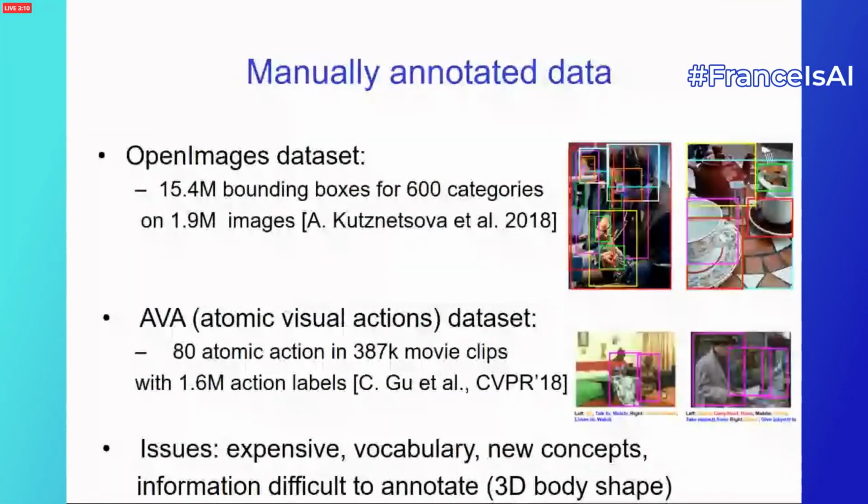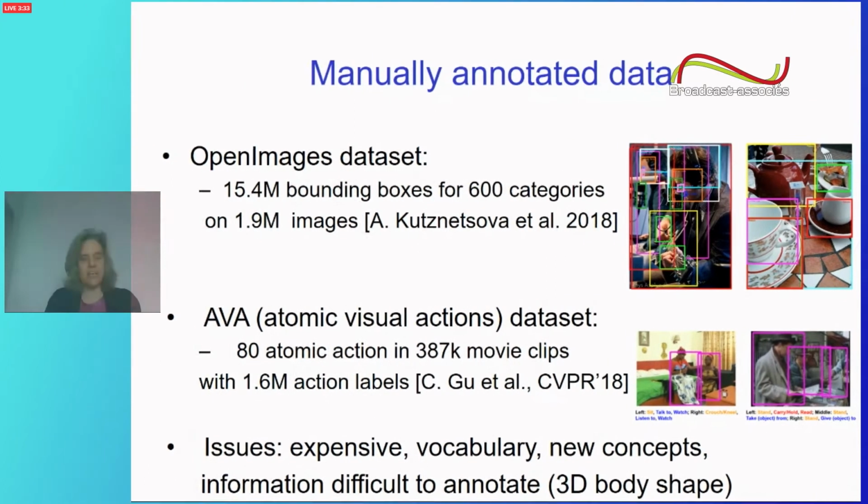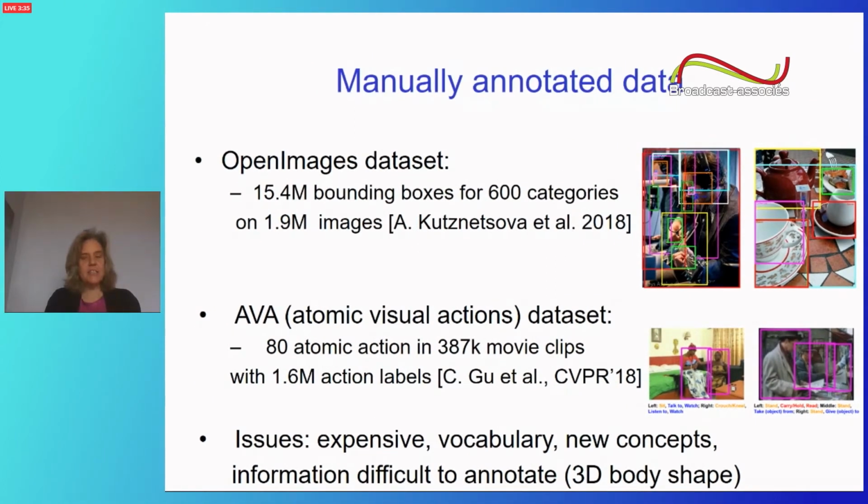There exist a number of manually annotated data sets. For example, the Open Images dataset has 50 million bounding boxes for 600 categories annotated on 1.9 million images. Another dataset, the AVA Atomic Visual Action dataset, has 80 atomic actions annotated in more than 300,000 movie clips with 1.6 million action labels. While these datasets are large and allow to train machine learning approaches very well, there are several issues.